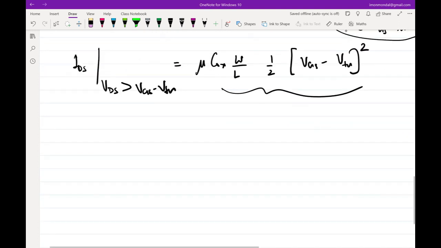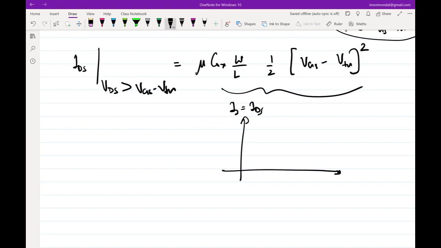So now what is my new ID-VD characteristic? Here I2 is IDS, and V2 is VDS. It looks like it increases, then reaches a maximum at VGS minus VTH, and it saturates.